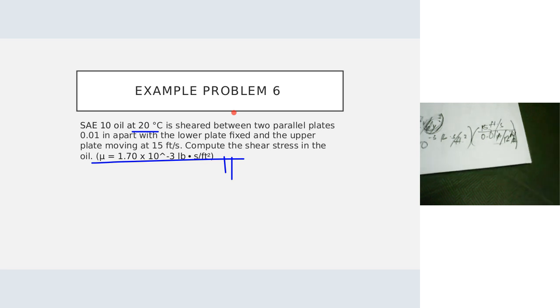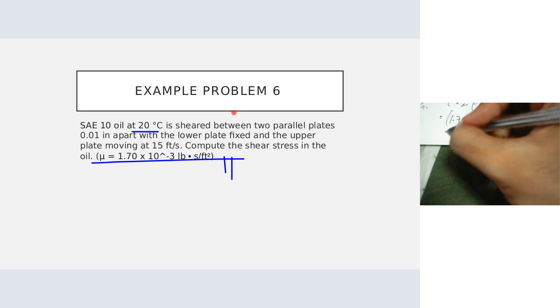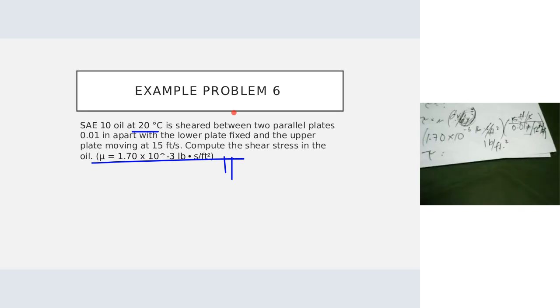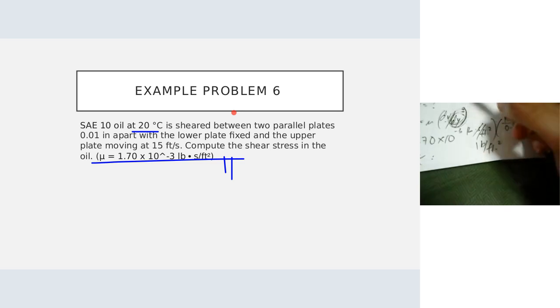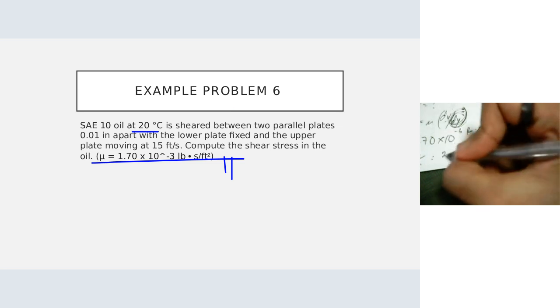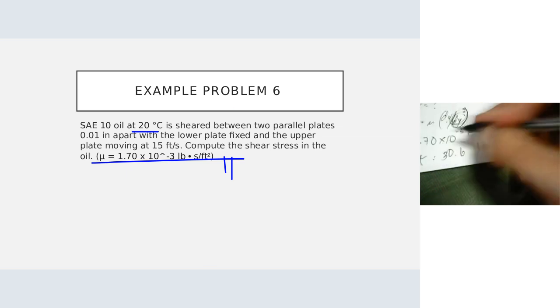So this will cancel out, and then this will cancel. Ang matitira is pound per squared foot. Now, can you give the value of shear stress? It's equal to 30.6 pound per squared foot.